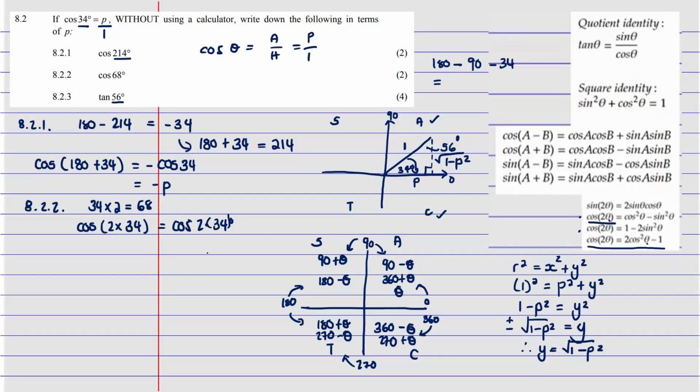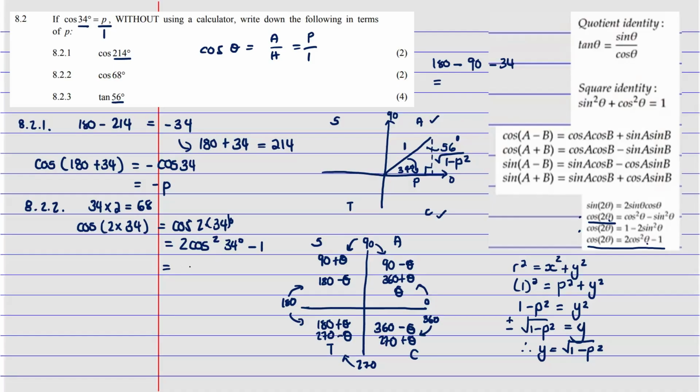So now remember that our 34 is going to be our theta, right? So this is going to be the same as saying 2 cos squared 34 degrees minus 1, right?